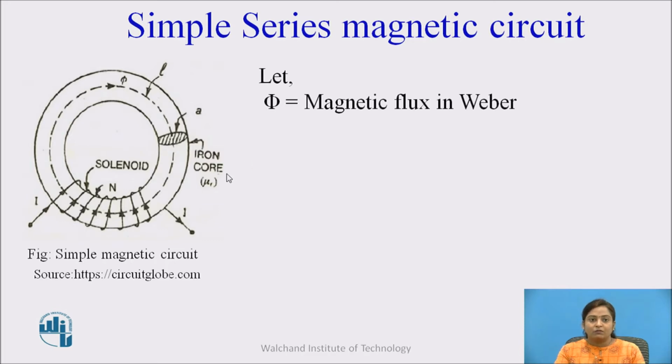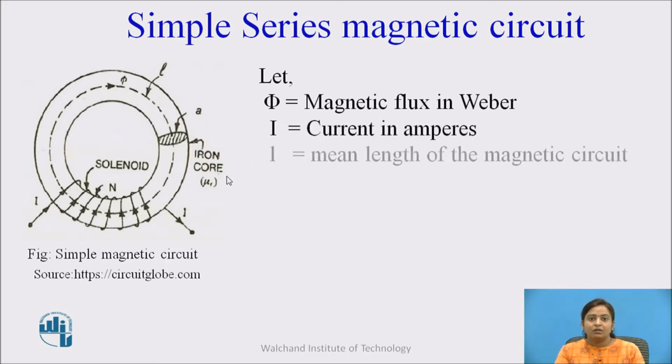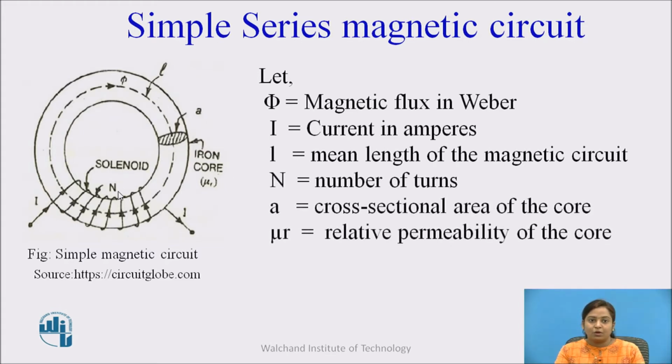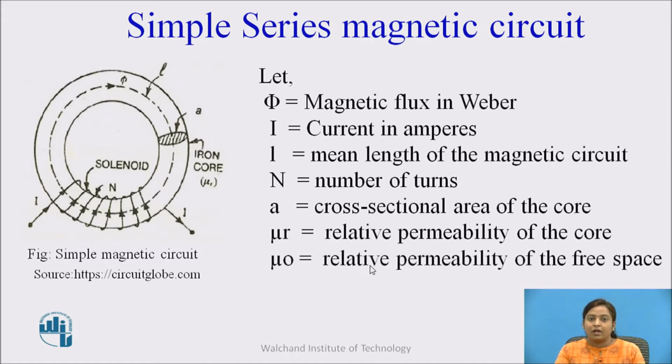Okay, so flux is in Weber, and I is nothing but current in ampere, and L is nothing but mean length of that magnetic circuit, where N is number of turns of this coil, A is cross sectional area of this core, mu R is nothing but relative permeability of that core, so it varies from material to material. Okay, and mu 0 is the permeability of free space. Okay, so its value is 4 pi into 10 to the power minus 7.